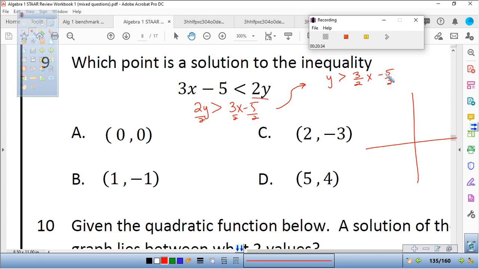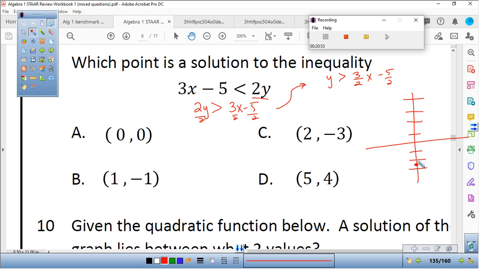Now I'm going to come right here and go, okay, this is 2.5, right? 1, 2.5. My bad, it's negative. That's that.